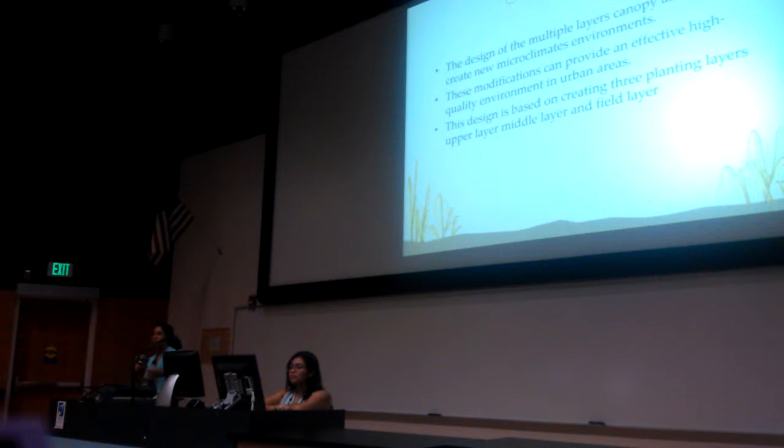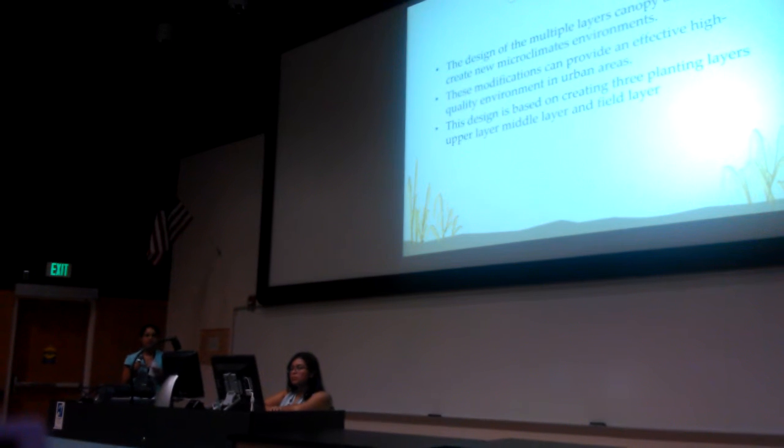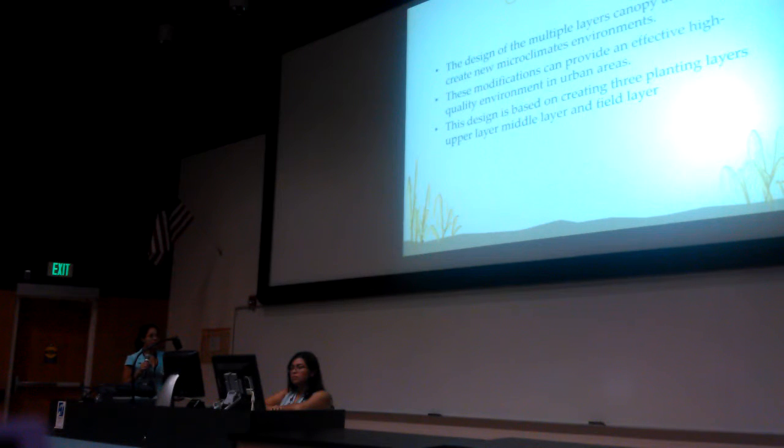Now that we know all these characteristics and how we can apply them, we can create designs that combine all these elements to help us create thermal comfort in outer spaces. One of these methods we can apply is called the canopy layer, which is a design basically formed of three layers of natural elements: the upper layer, middle layer, and the field layer.